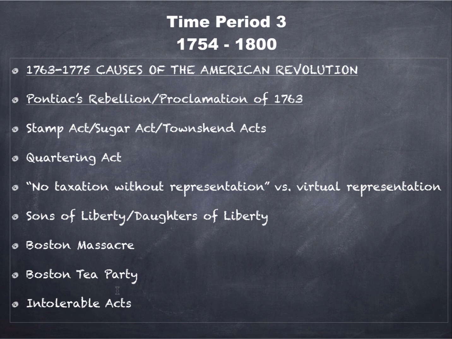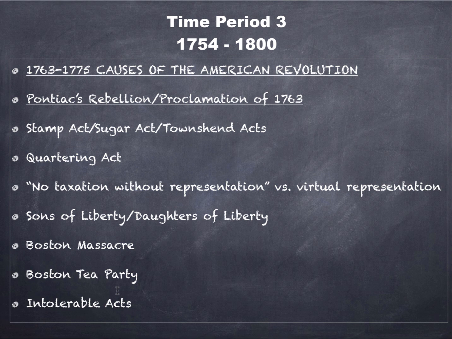The tea tax infuriated the colonists. Even though, I have to say, the tax on the colonists was like 1/16 the rate that the British people at home had to pay. But anyway, they dressed up the colonists as Native Americans. They stormed a ship and they dumped 342 chests of tea overboard.